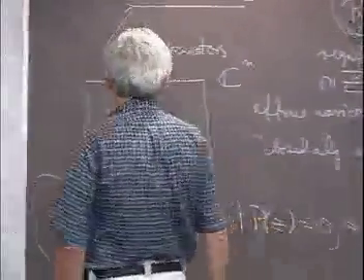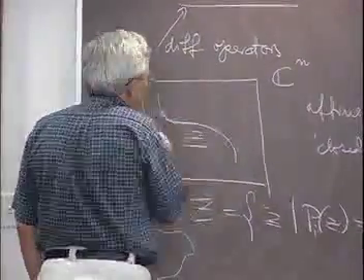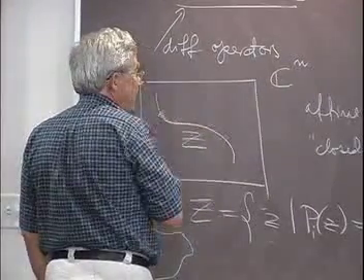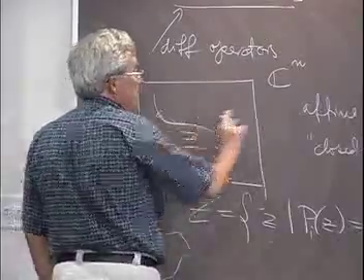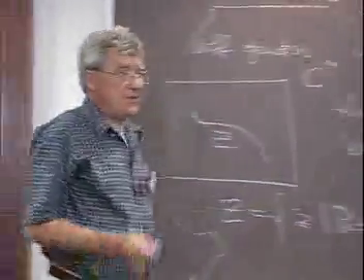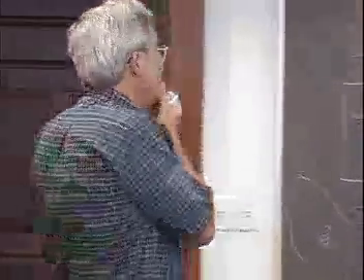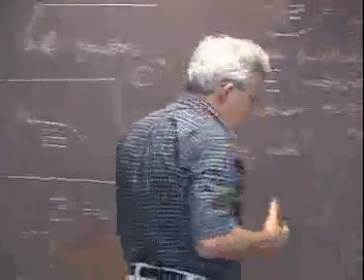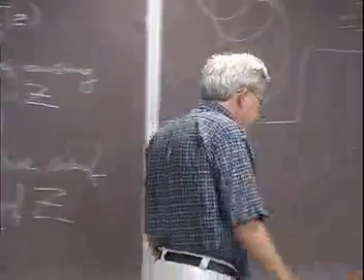Geometers care about basic properties of your algebraic variety, and they are reflected in the properties of this ring R of Z. We are interested in representations of some rings, so enveloping algebra and related rings.